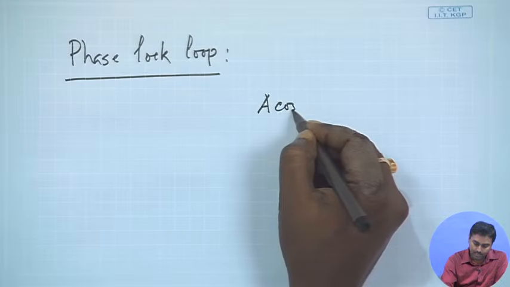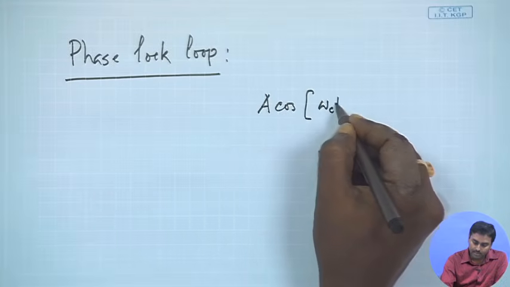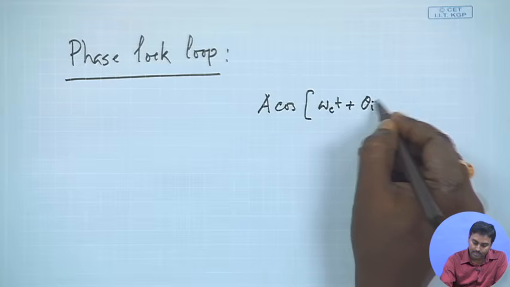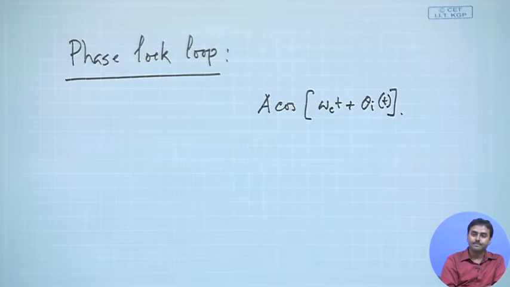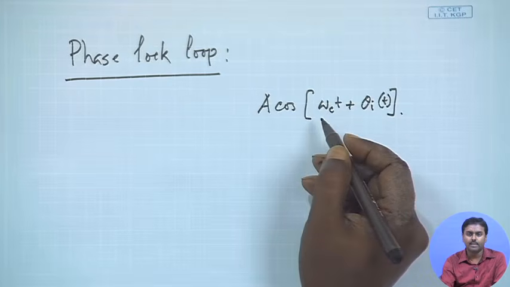Essentially, we are saying phase lock, that means we are trying to lock the phase. Whether it's frequency or phase, suppose I have a cosinusoid, let's say A cos(omega c t plus some input phase), right. It might be time varying, and even omega c might be time varying, or might not be.